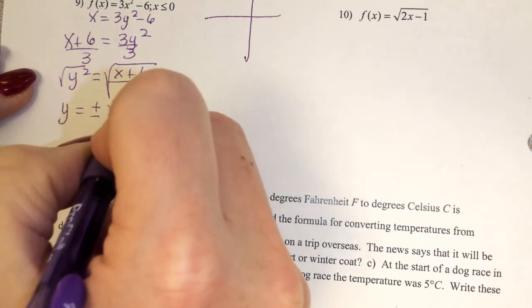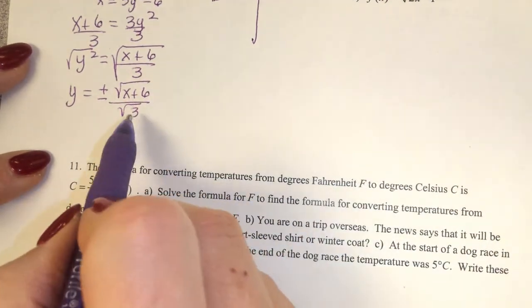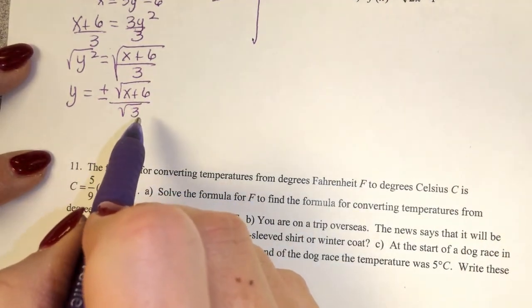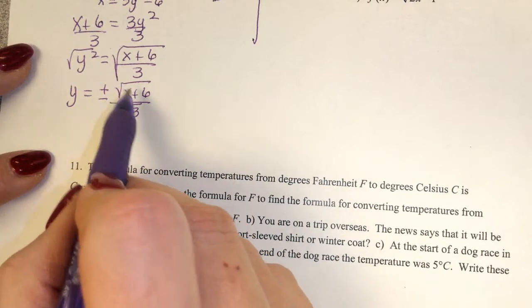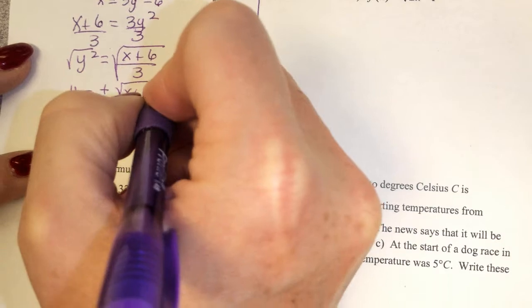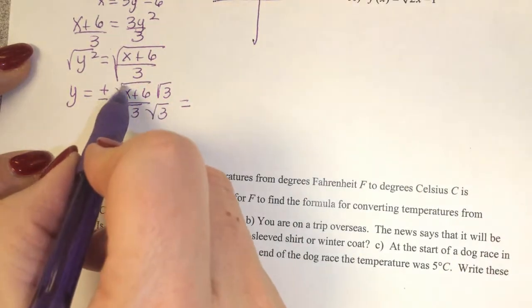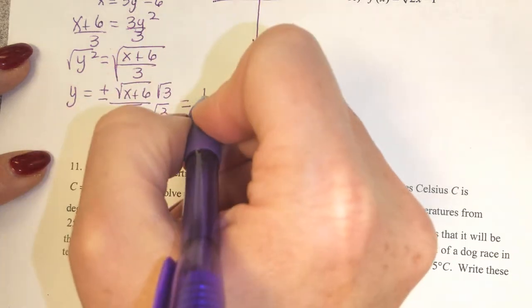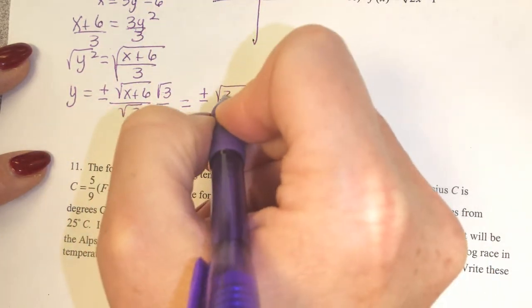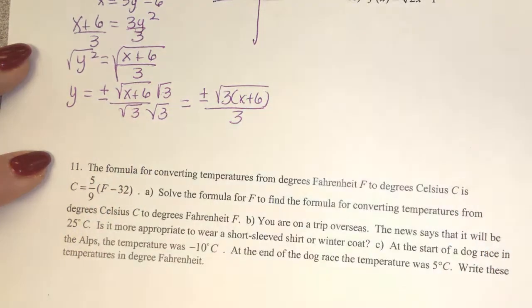This is radical x plus 6 over radical 3. We're not allowed to leave a radical in the denominator. So to get around that, I'm going to multiply by radical 3 on top and bottom. Because these are both radicals, I'm going to have plus or minus the square root of 3 times x plus 6, all over 3.